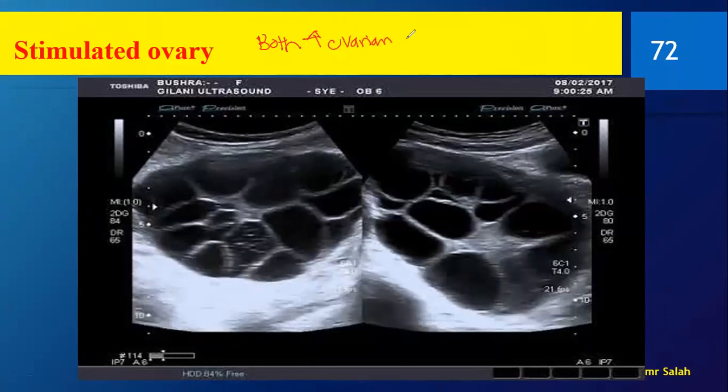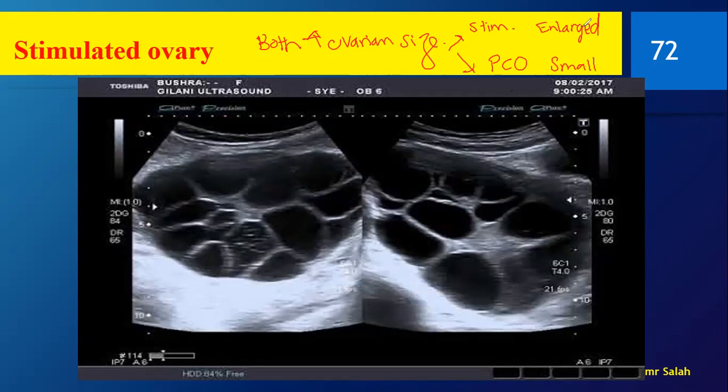But in the stimulated ovary, all the follicles are enlarged, so the follicle itself is large. Here in the PCO we also have many follicles, but they are small.